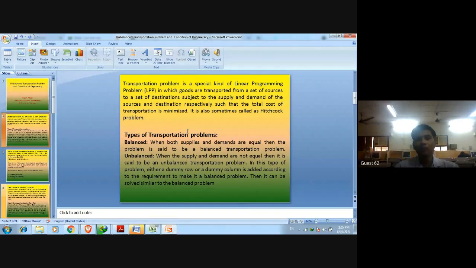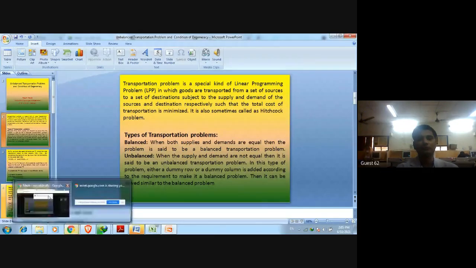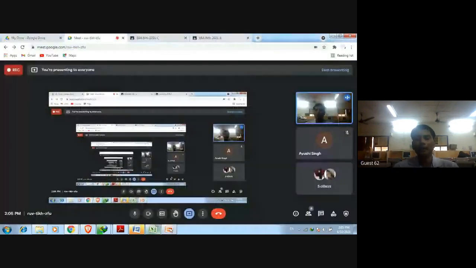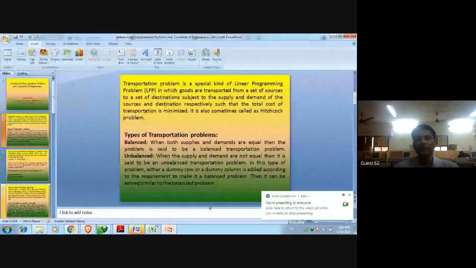So how will we manage this type of problem? In an unbalanced transportation problem we have to add a dummy row or dummy column according to the condition. Let us see in which conditions we have to add the dummy row and dummy column.